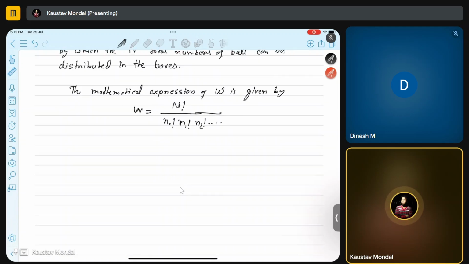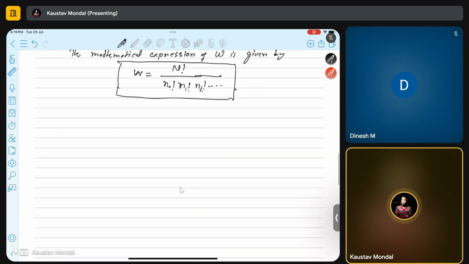This is the expression of the weight of configuration. Factorial means, for example, 6 factorial is 6 into 5 into 4 into 3 into 2 into 1. So the factorial of x is x into x minus 1 into x minus 2 and so on. This is the meaning of factorial.